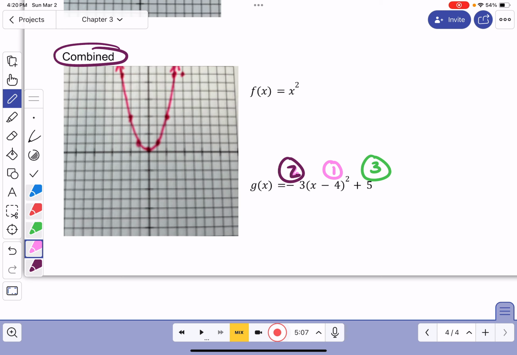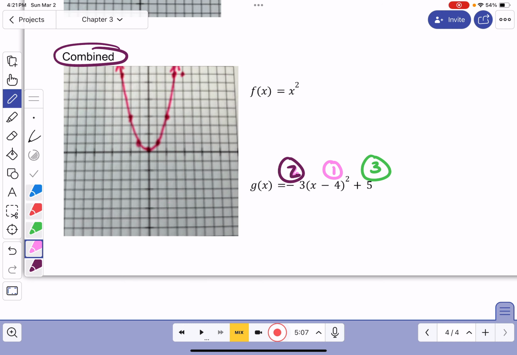For example, they can take this point and move it right 4. And then say 4 times negative 3 is negative 12. And then go up 5. And they can do the same thing with this point, right? 4 times negative 3, up 5. And they can plot the shape like that. You are welcome to do it that way if you want.